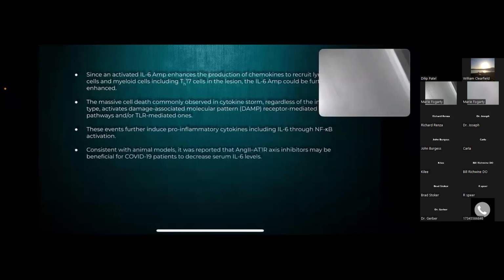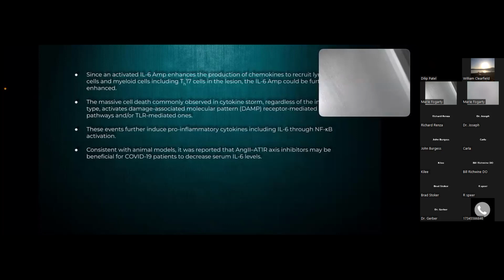Consistent with the animal models, it was reported that angiotensin 2, angiotensin type 1 receptor axis inhibitors may be beneficial for COVID-19 patients to decrease serum interleukin 6. And yes, if you look at the literature, it looked like as early as 2013 they were already talking about using angiotensin receptor blockers like losartan and Cozaar to treat autoimmune disease.